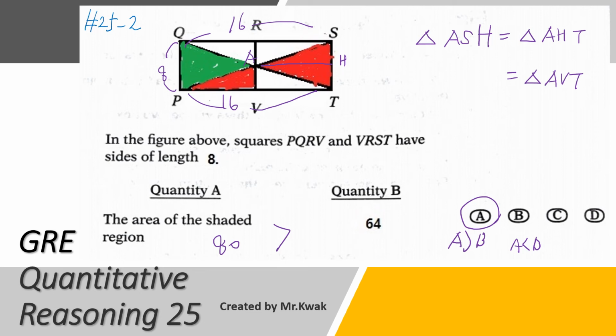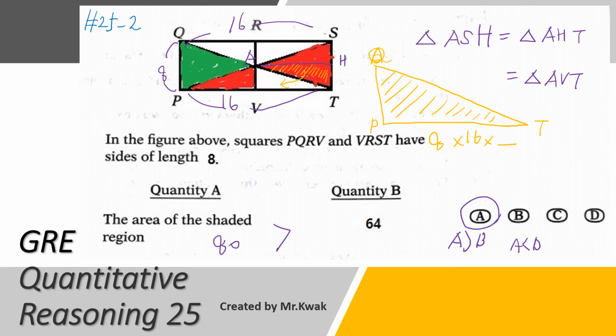In that case, we can think this way. Let's move this part to this part. In that case, in a short way, with our brain, we can just make the triangle like this. In that case, 8 multiplied by 16 divided by 2.